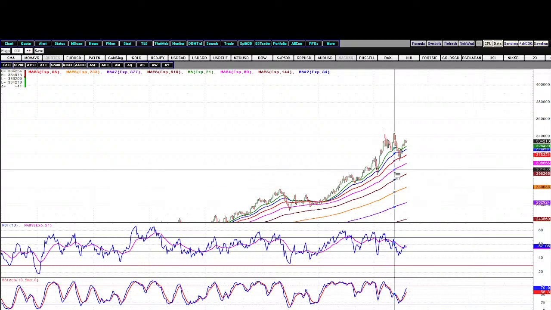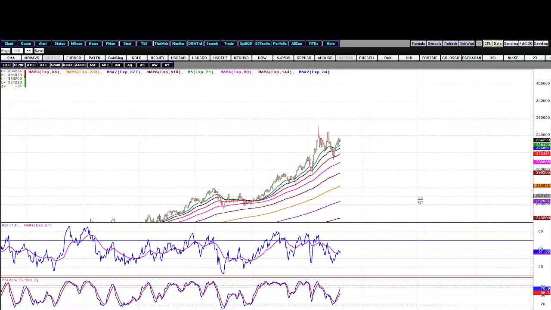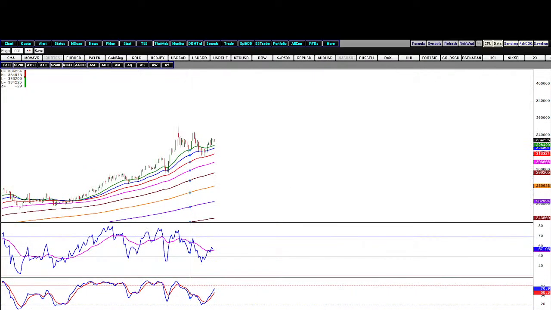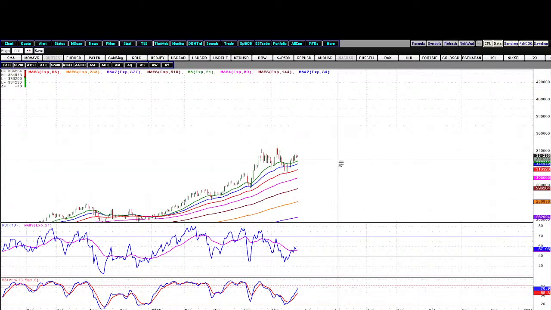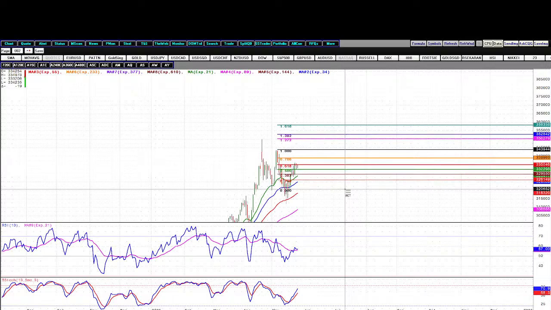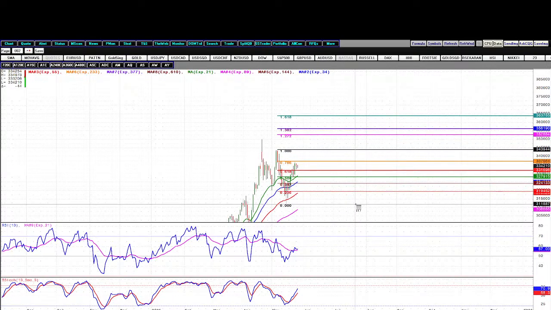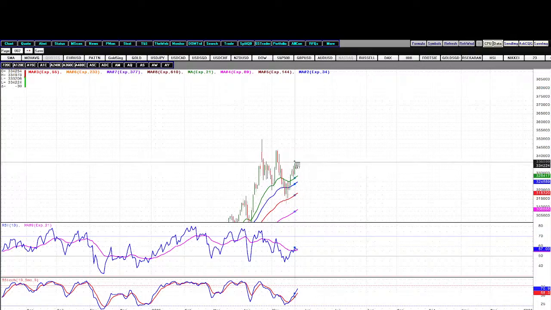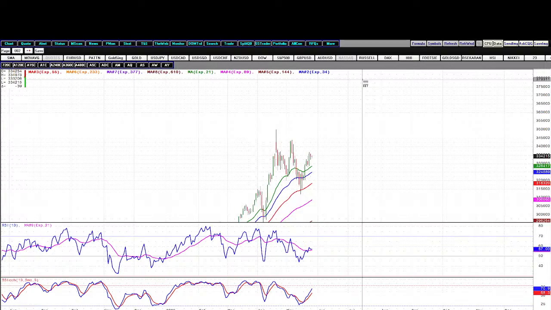If you look at this chart, there is a likely chance that this might be the high, but the euro has still not made a high, so the gold might drag because of the euro.